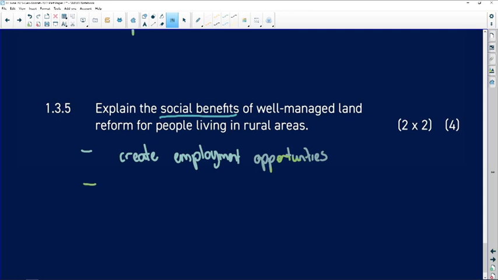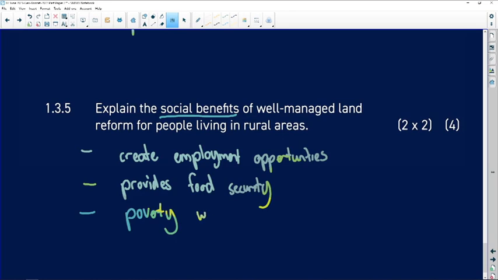Now, it provides food security. Poverty will decrease because people are employed. And overall quality of life will improve.